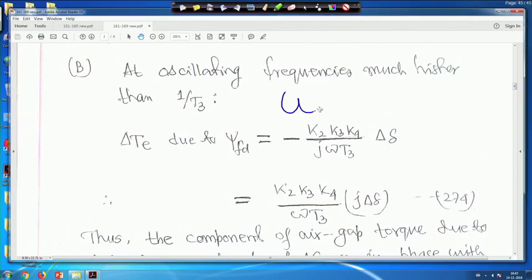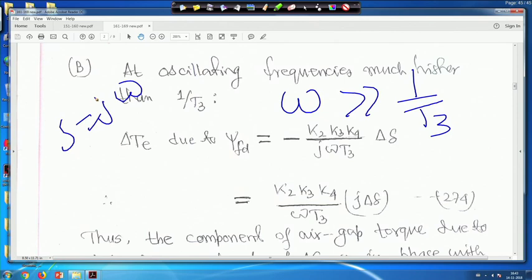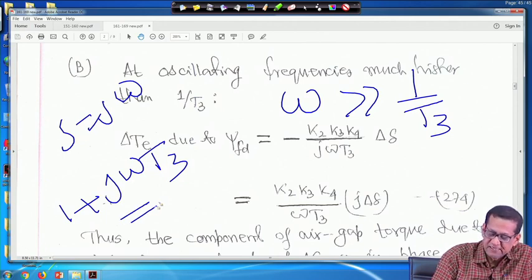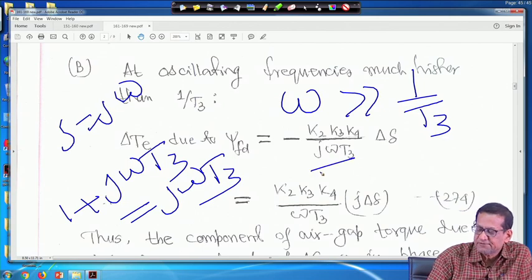That is, ω is much higher than 1 upon T3 and s is equal to jω, so 1 plus jωT3 is approximately equal to jωT3, which is what we have written here.